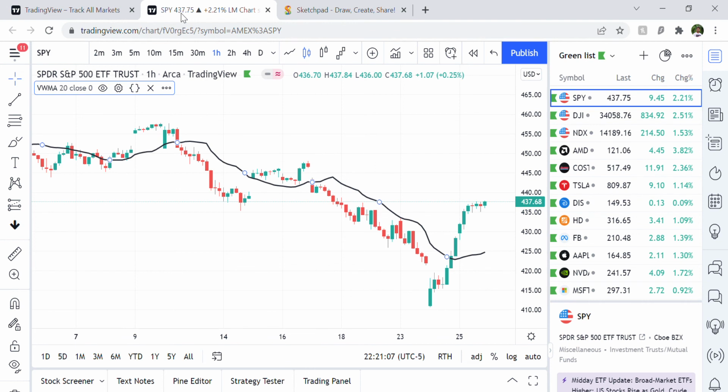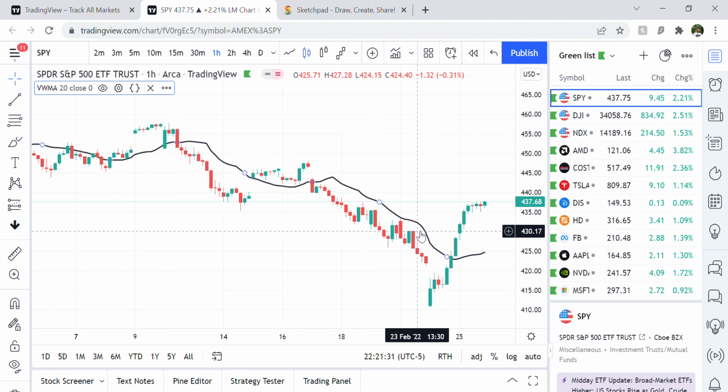So now the idea is whenever a candle crosses this VWMA and it's able to give a close 0.5% or $2 above this VWMA, okay, we will enter a call.